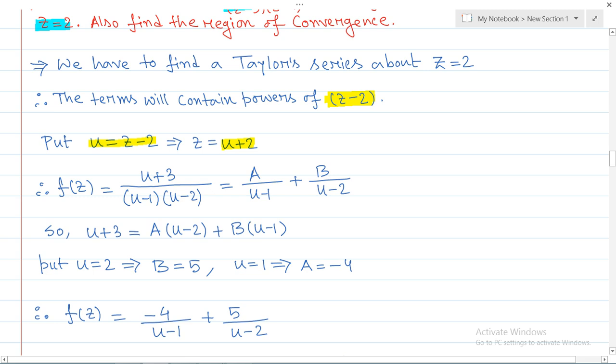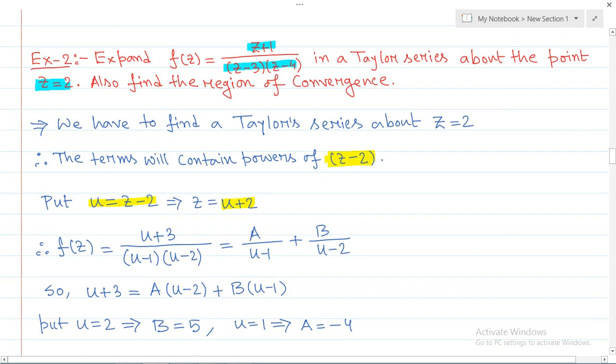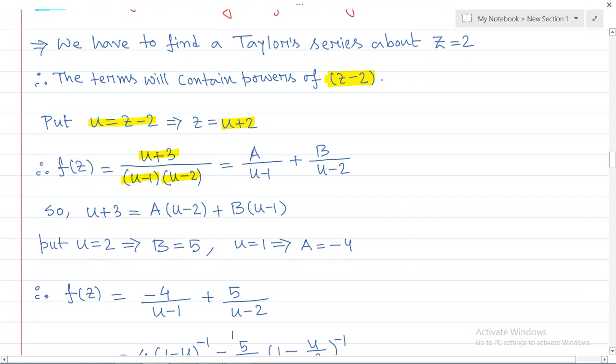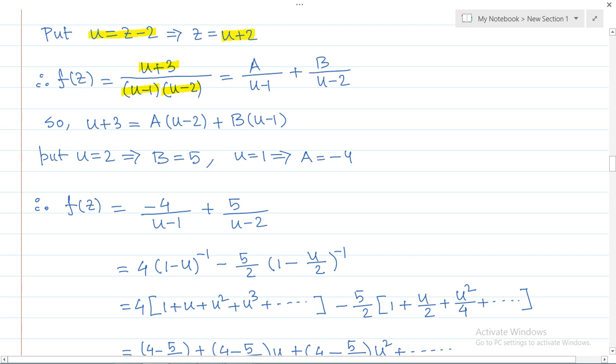Now in function f of z, what is given here? f of z is z plus 1 divided by z minus 3 z minus 4. We have to substitute z equal to u plus 2. So the function will take this form, u plus 3 divided by u minus 1 into u minus 2. Now we have to make the simple partial fraction. Partial fraction I think all of you know, so I don't have to explain it.